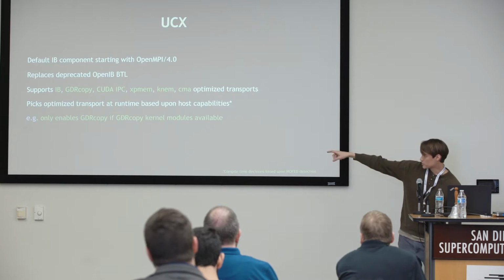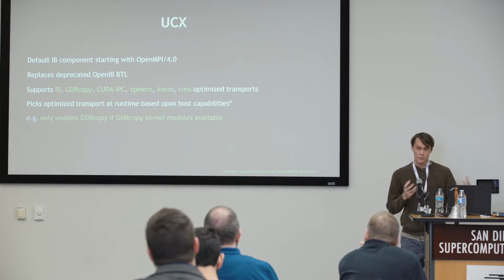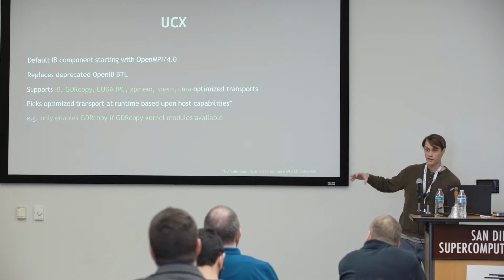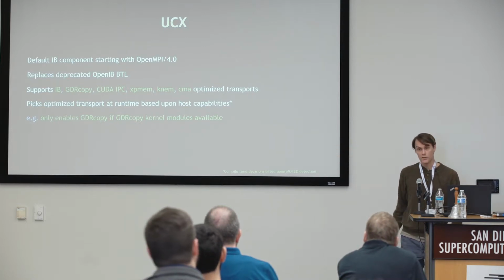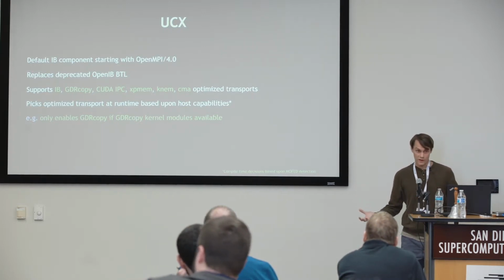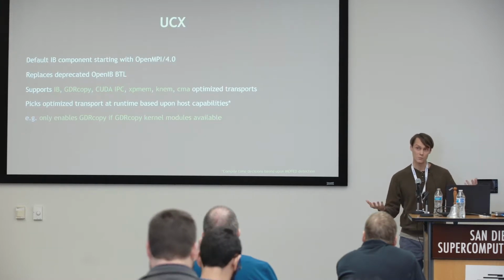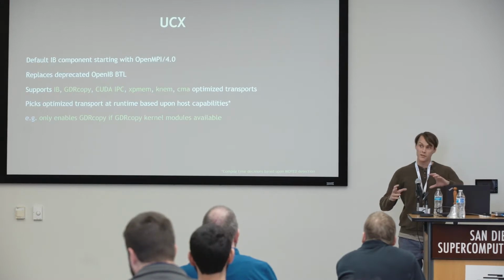So, for instance, GDR copy is a way to optimize GPU memory transfers, but it requires a kernel module be in place. If you're running a container that was built with UCX and GDR copy, it will still work in the absence of GDR copy on the host. UCX will just disable it. So this dynamic support is awesome.